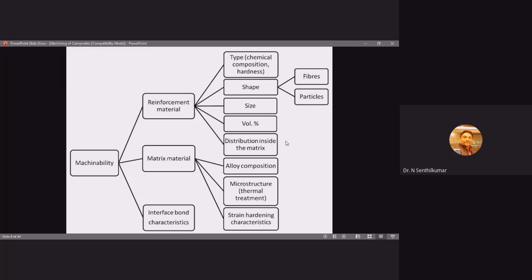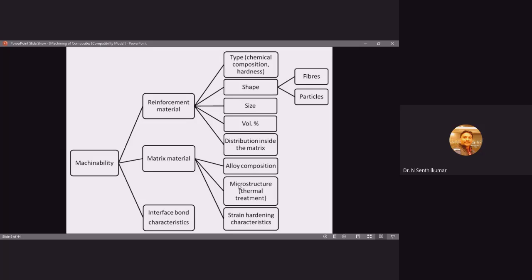So based on the distribution only, the strength of the composite and also the machinability behavior of the composite will be predicted a little bit. Okay, if it is getting agglomerated, then there is a drastic change in behavior. Okay, so uniform distribution is needed in all the cases.